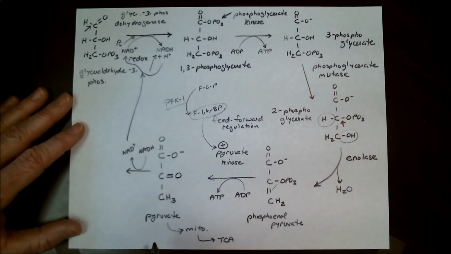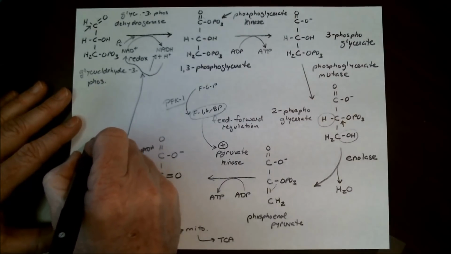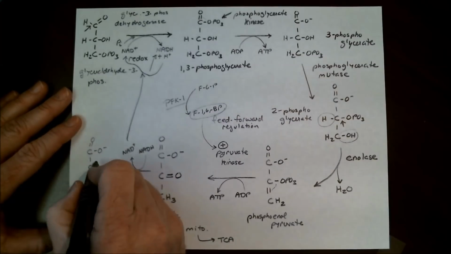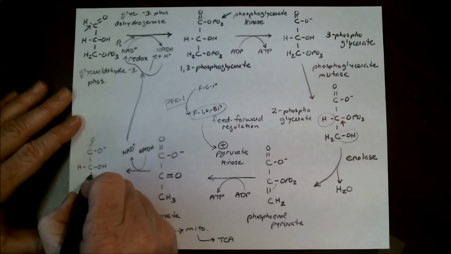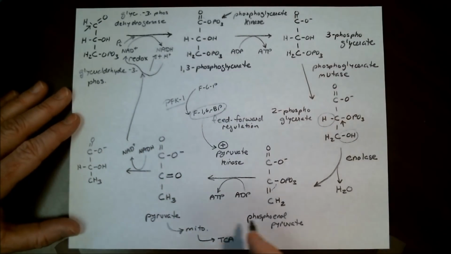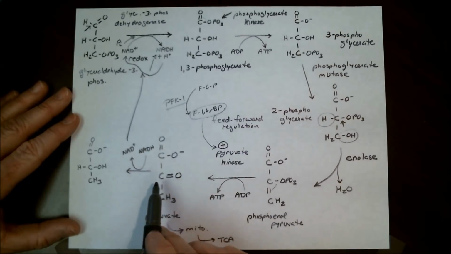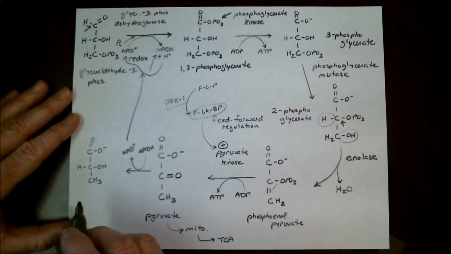And in doing so, we are going to generate a structure that looks like this. This structure will be very familiar to everybody. We've all experienced this. Essentially, what we've done is we've oxidized NADH, we've removed these electrons, we've added them to the ketone group to generate an alcohol.